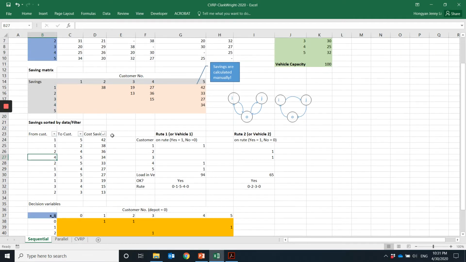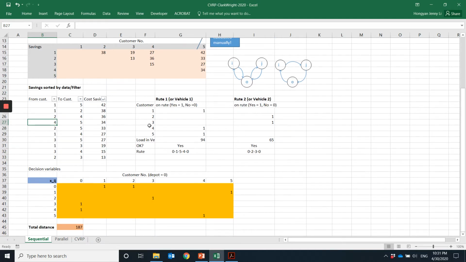After you find this saving list, when you set up the route, you choose the pair with the highest savings. So we start from vehicle 1, or we say the first trip or first route. You have the 5 customers here, and then you decide if you are going to deliver the goods to this customer in this trip or not. So here we have decision variables, 1 or 0.